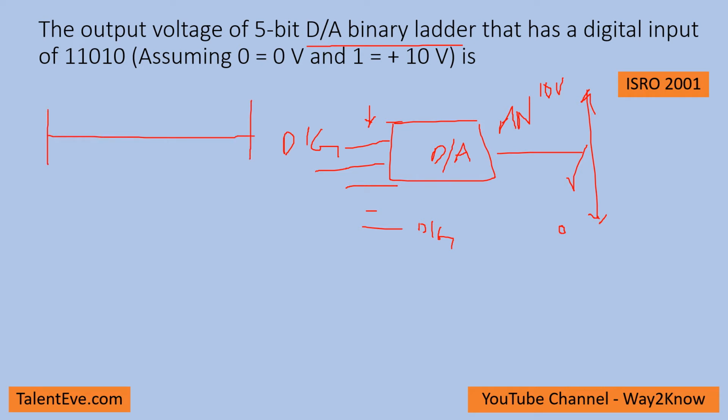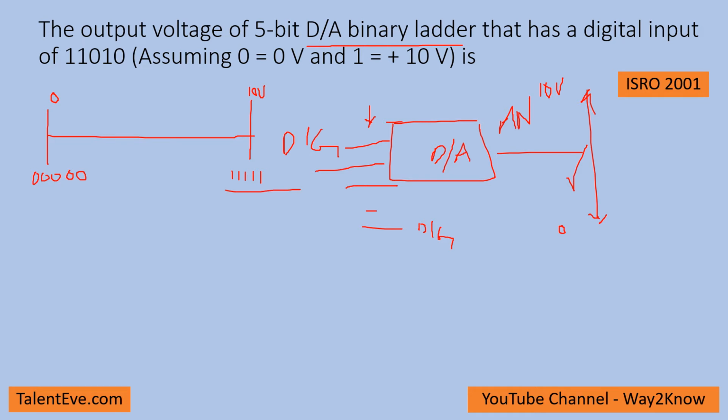What is given is basically a range of 0 to 10 volts, where for 5 bits, 00000 represents 0 volts and 11111 represents 10 volts. In between there are a number of values represented.